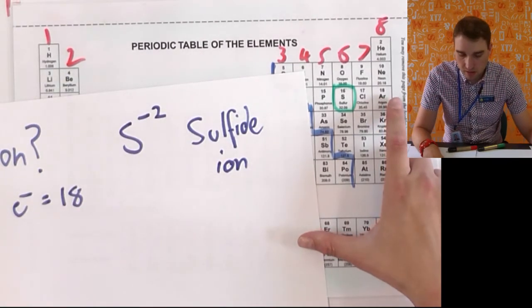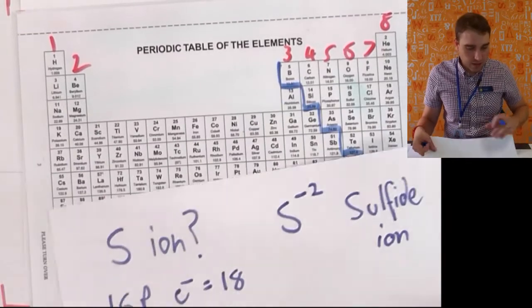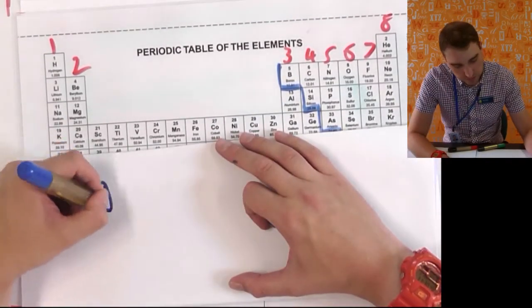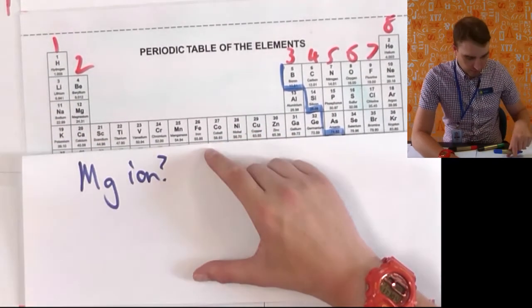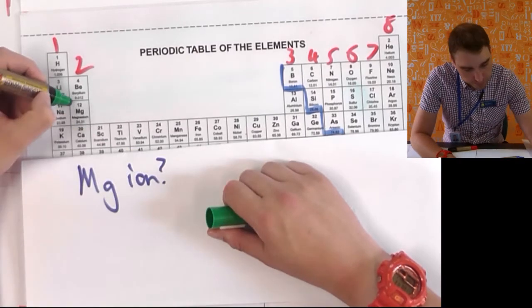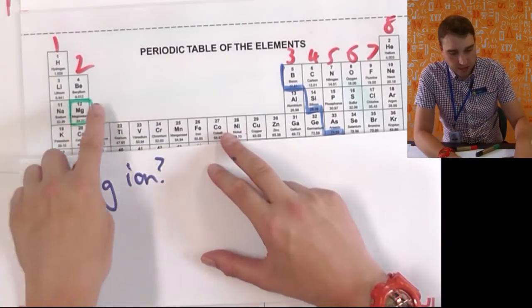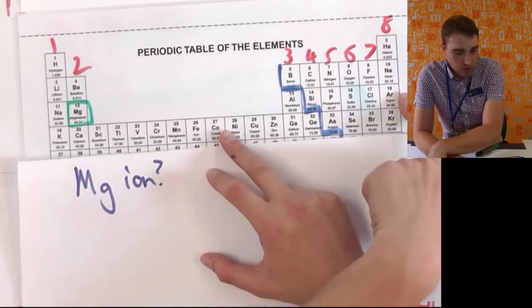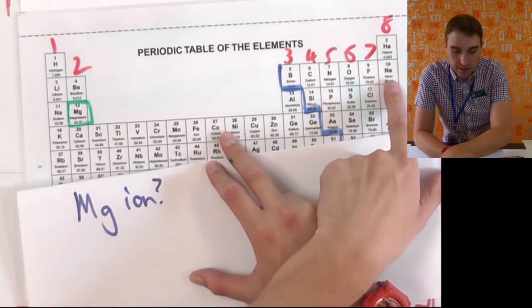Okay? Let's look at another example. Let's look at magnesium. So what's the magnesium ion? Right, we find it on the periodic table, it's over here, it's number 12. Now, it could gain a whole heap of electrons to push it up over here and make it stable, or it could lose 2. It could lose this one and that one to get it over here to neon.